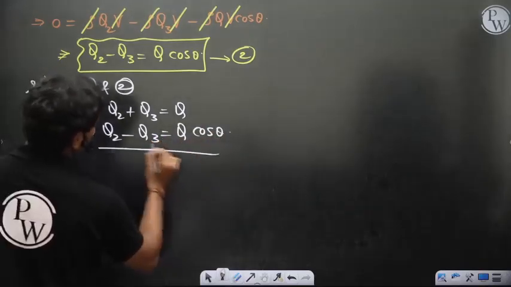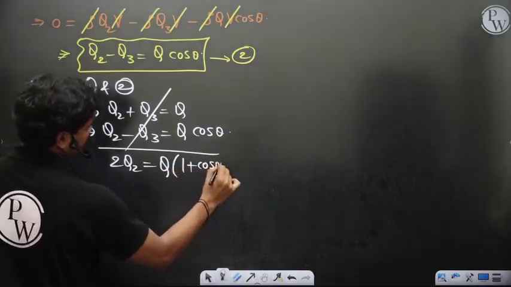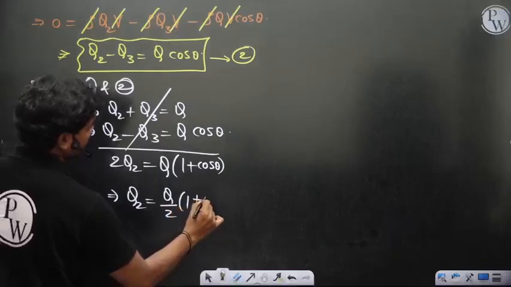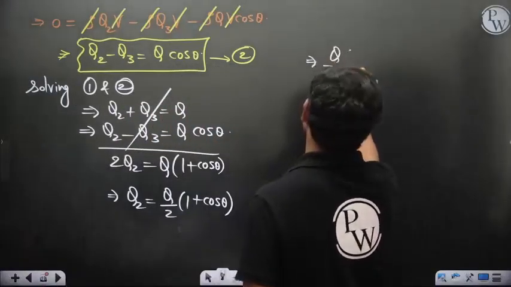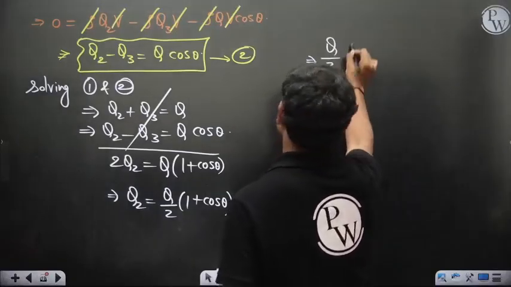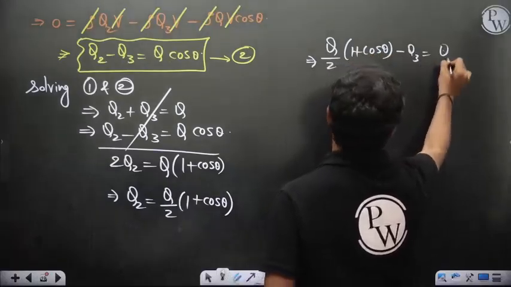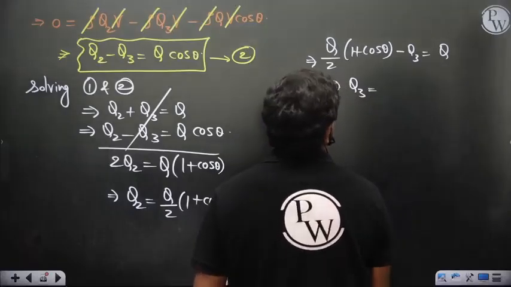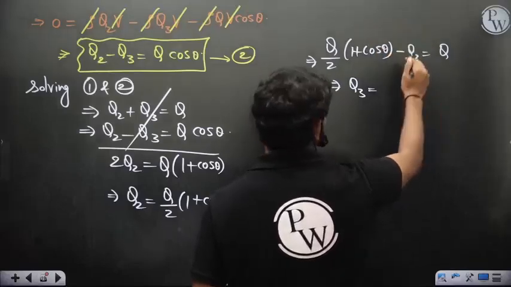Then add both. q2 is q by 2 times 1 plus cos theta, plus q3 is equal to q.